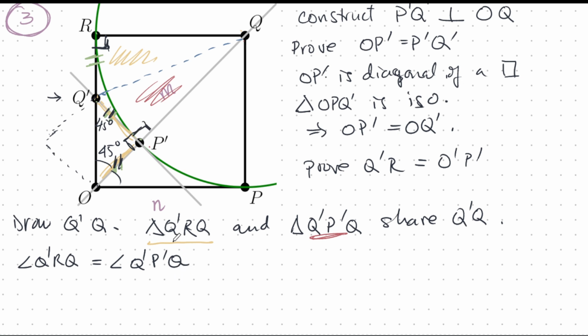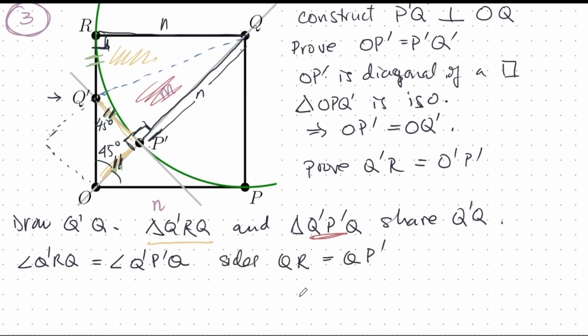But I have one more thing. This side is equal to this side because this is a circle, right? So these are radii, this is n and this is n, from here to here. All right, so let me write that down.